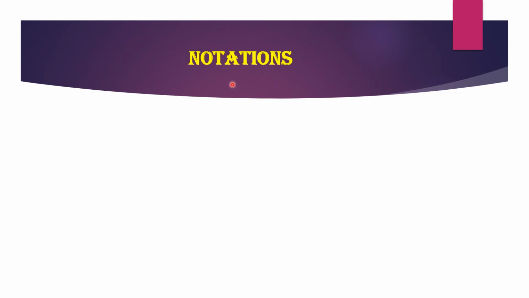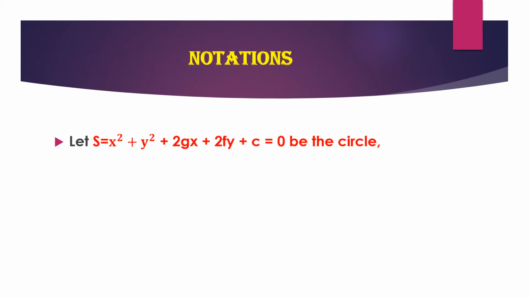Here we go to notations of different curves, that is circles, conic sections, etc. First we observe the circle equation is x square plus y square plus 2gx plus 2fy plus c equals 0. Here it can be written as S equals x into x, y square replaced by y into y, plus g into (x plus x), and here also f into (y plus y), plus c equals 0.